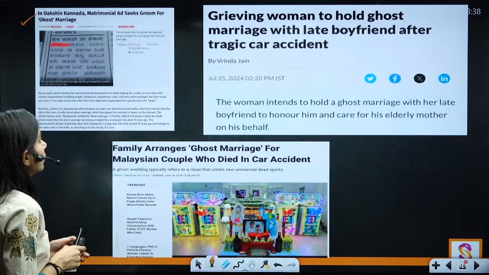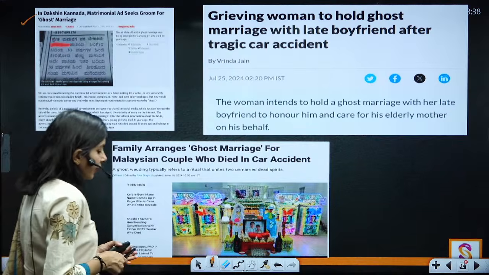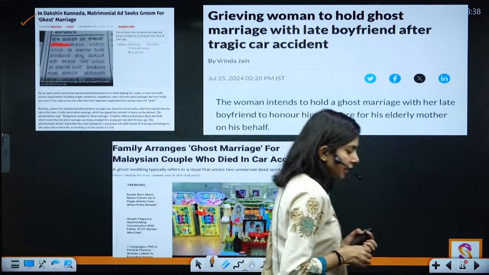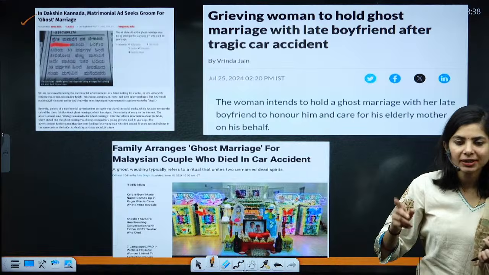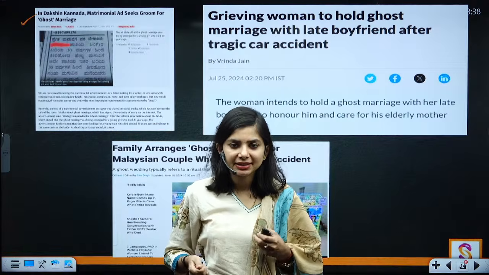Okay. Now, a woman held a ghost marriage with her late boyfriend after a tragic car accident. So what happened is there was one couple about to get married, and the male died in a car accident.